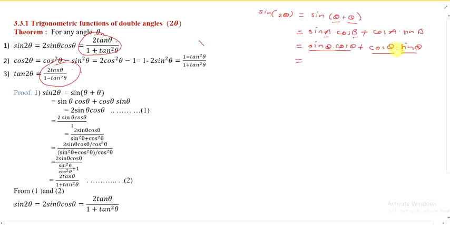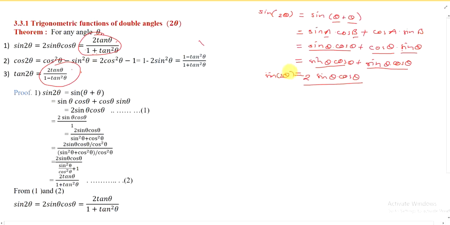That is, cos theta sin theta or sin theta cos theta are one and the same. So we have sin theta cos theta, and this term can also be written like this, so plus sin theta cos theta. Both the terms are the same, that is 1 plus 1, 2. That is 2 sin theta cos theta. And this is our required result.